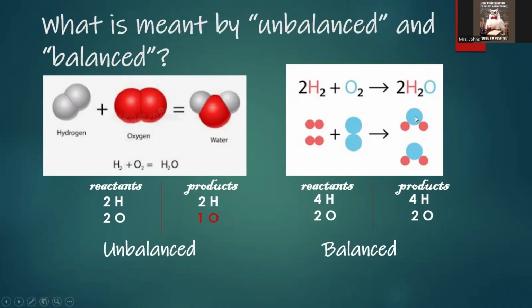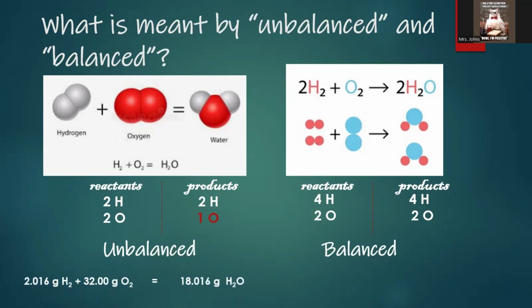And if you have two of everything over here, then it needed to have one more hydrogen gas over here. So I recommend that you tally the elements, make a little list of each of the elements involved in each equation, count them out before and after, and make sure that you can account for each one on both sides.